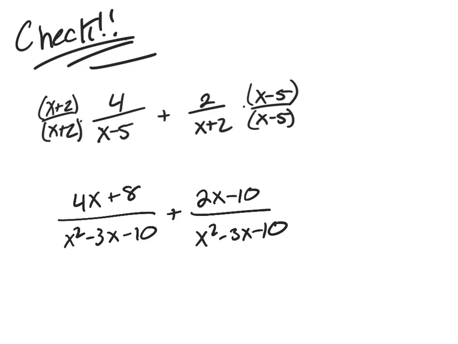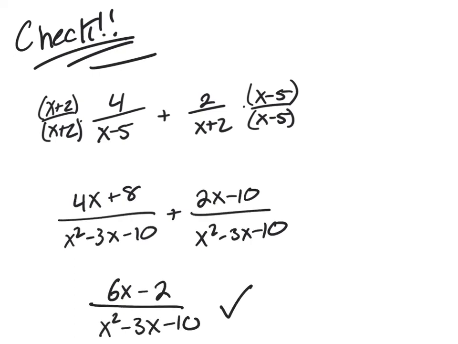So already, if you look back at our original rational expression that we started with, we've already got that denominator. So let's see what happens when we add together our numerators. We have a common denominator, so we can just combine like terms up there in our numerator. We'll get 6x minus 2 divided by x squared minus 3x minus 10.